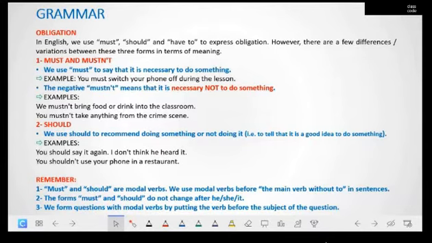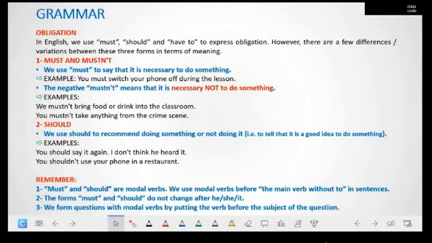For example, he plays football every day. But when we use a modal verb like should or must, we don't say he shoulds play. He should play. No, we don't add anything. We don't change the modal verb. We don't change the form.